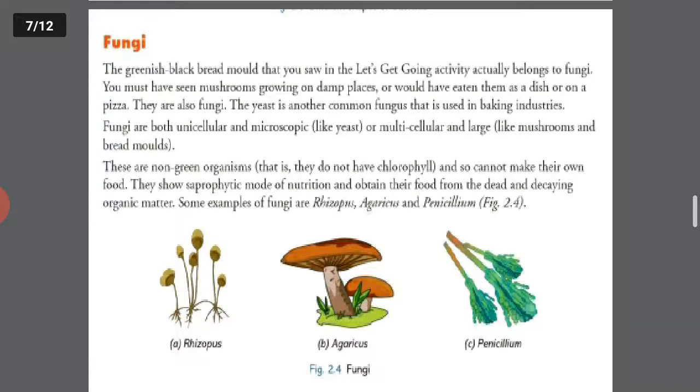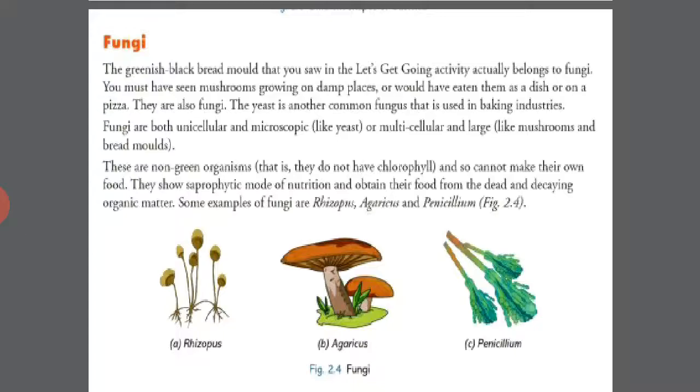Fungi is the second type of microorganism. These are non-green organisms. They do not have chlorophyll and so cannot make their own food. You can see Penicillium, Aspergillus, Rhizopus over there, some examples of fungi.